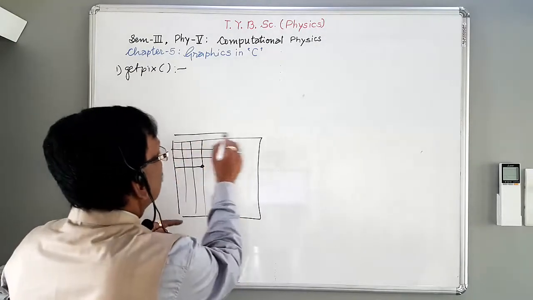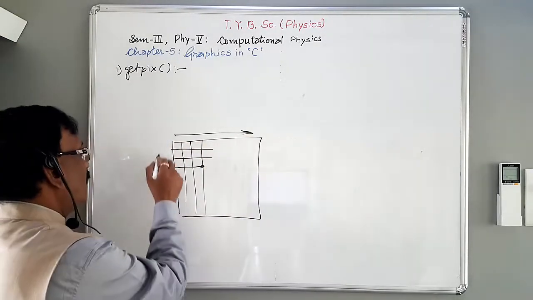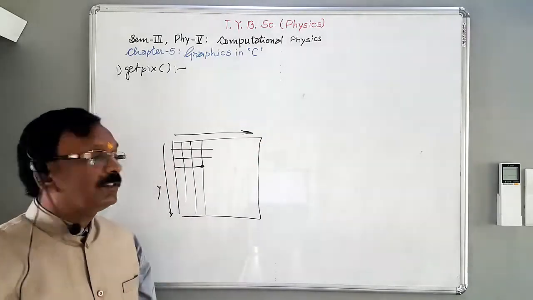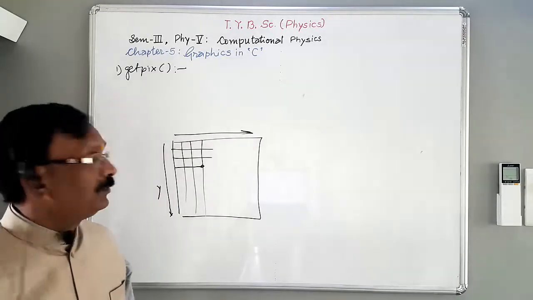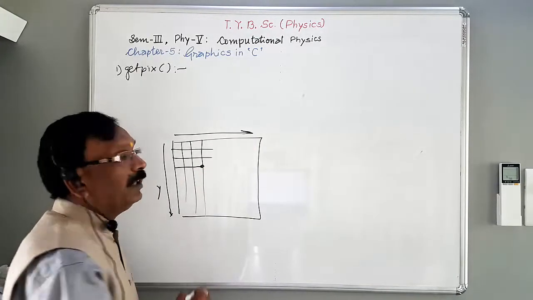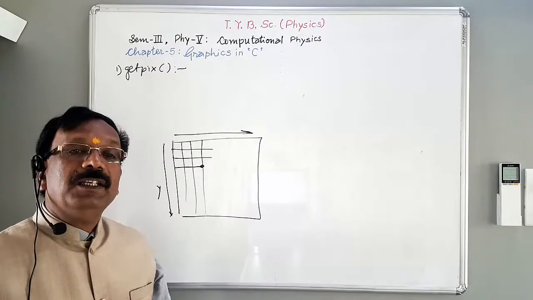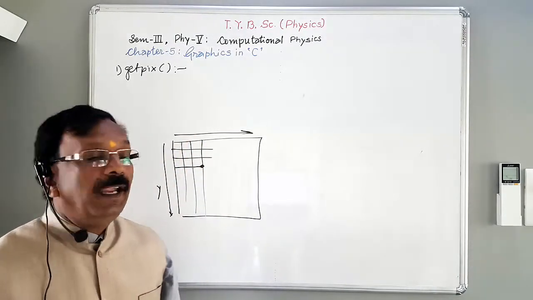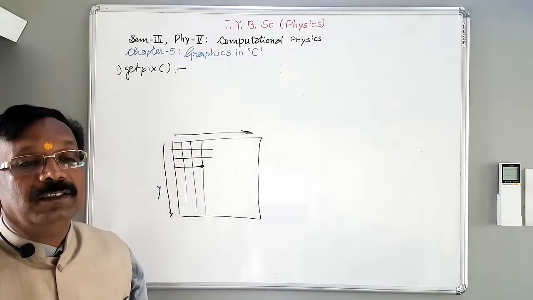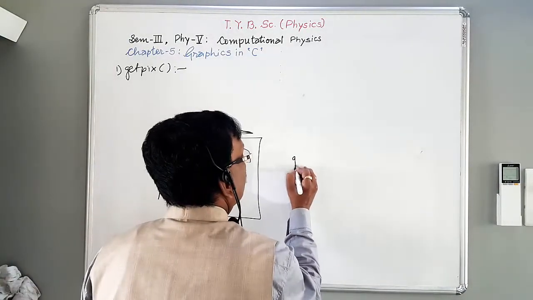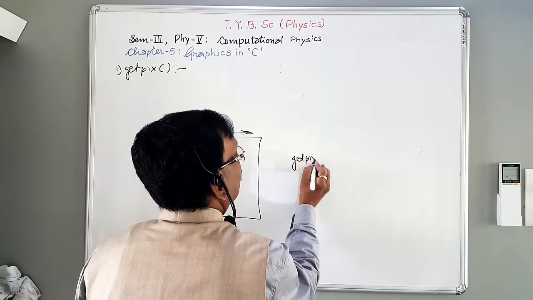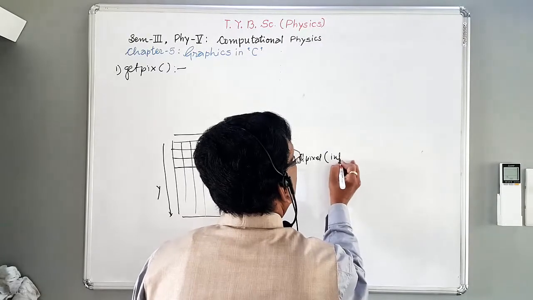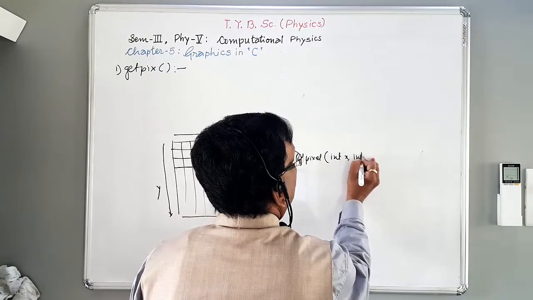Coordinates means the x coordinate, that is along this direction, and the y coordinate, that is along this direction, from left to right x coordinate, and from top to bottom y coordinate. We have to give the x and y coordinates, and this will be done with the help of getpixel. The syntax for getpixel is simple: getpixel, this is the keyword, and integer x, integer y.